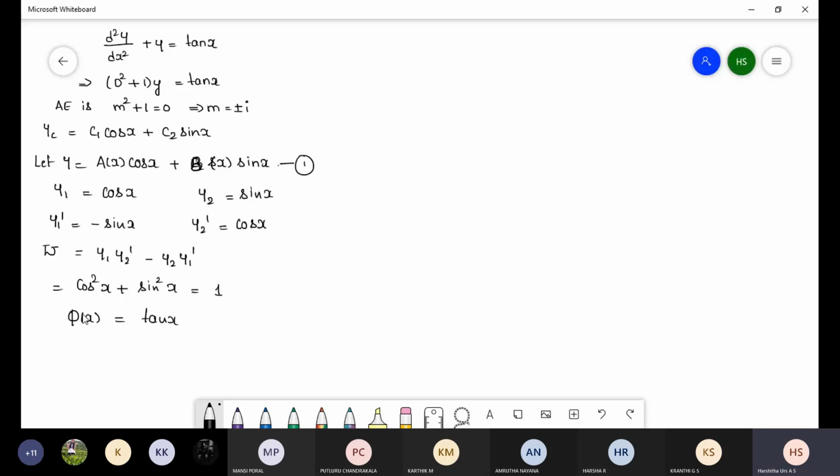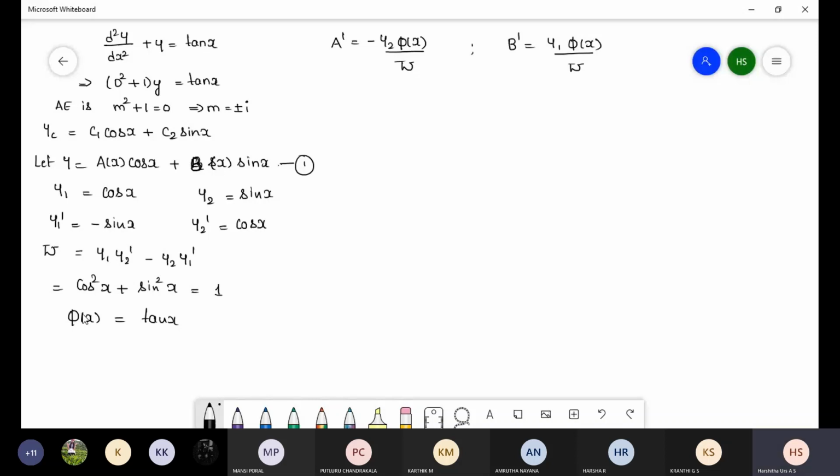Now a dash is minus y2 phi of x divided by w. B dash is y1 phi of x divided by w. See the formulas properly while you are writing. For a dash we will get minus y2. For b dash we will get y1.